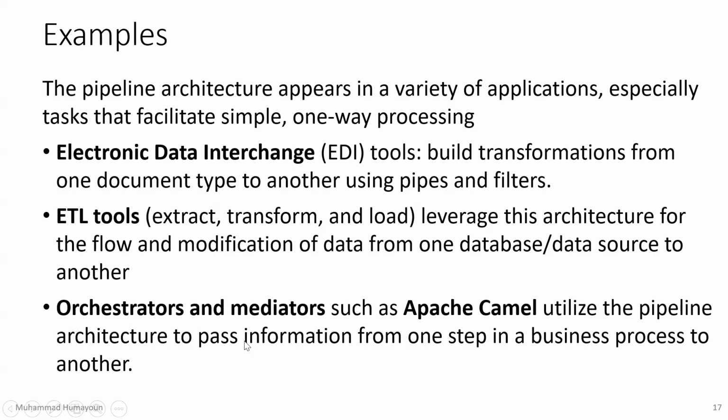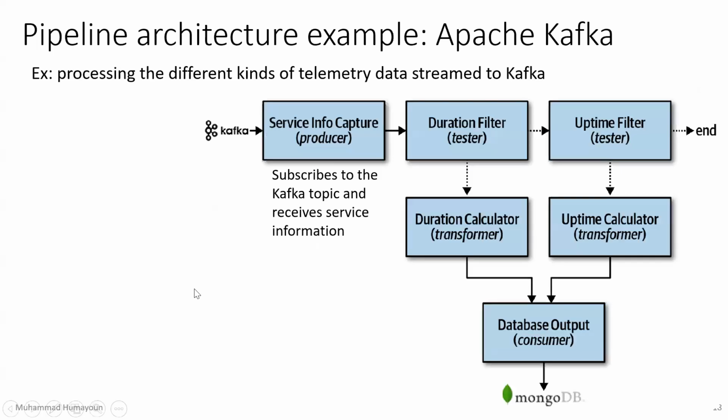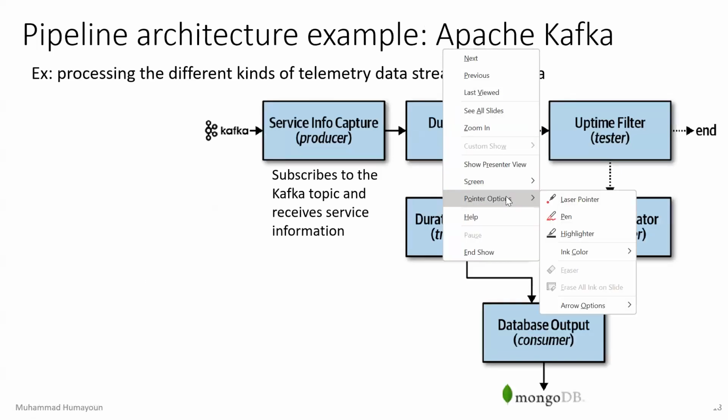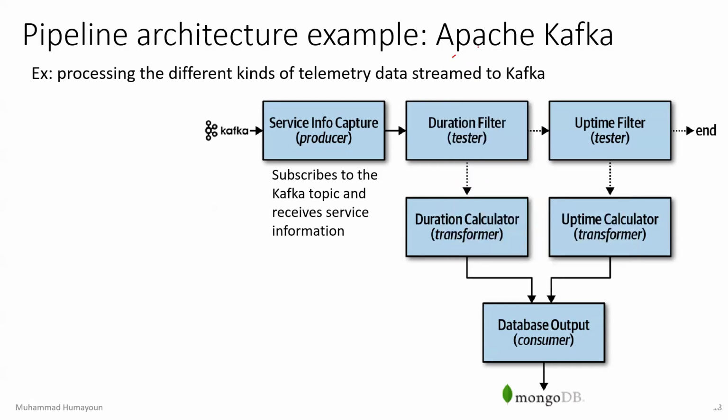And then all the orchestrators and mediators, like in some event-driven architecture, such as in Apache Camel, also utilize pipe and filter architecture. And here is one more example from your course book, showing how Apache Kafka does it for you. So Apache Kafka can process different kinds of data streams and categorize them into different data streams.